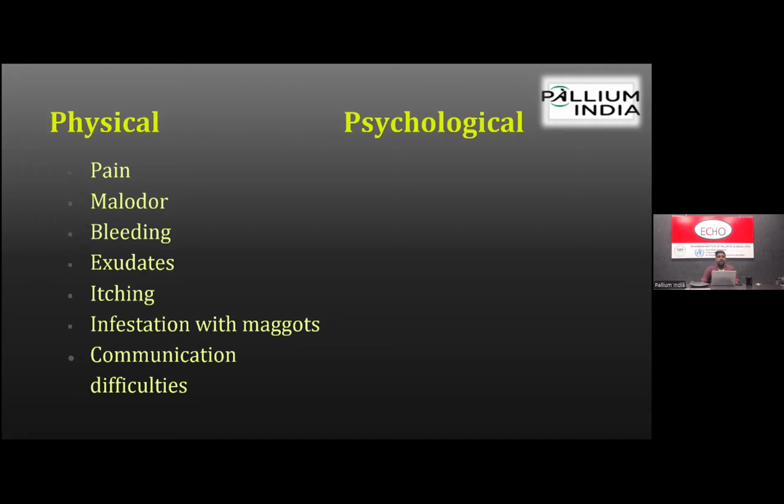If they manage unhygienically, the chance of maggot infestation is very high. Communication difficulty will truly come, especially with CA buccal mucosa, because of the foul smell or the change in appearance of the body, it will affect their communication also.